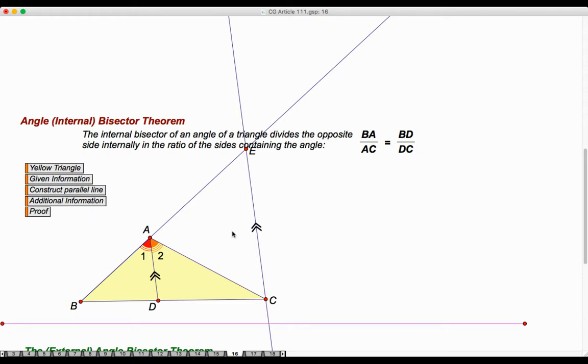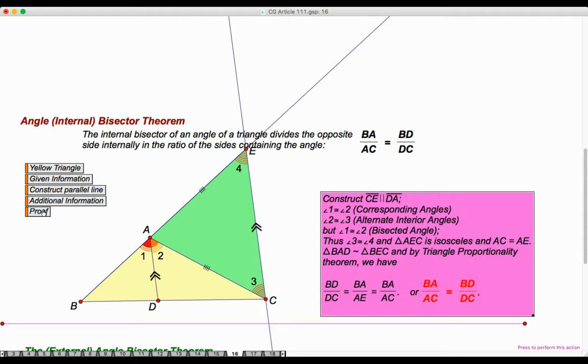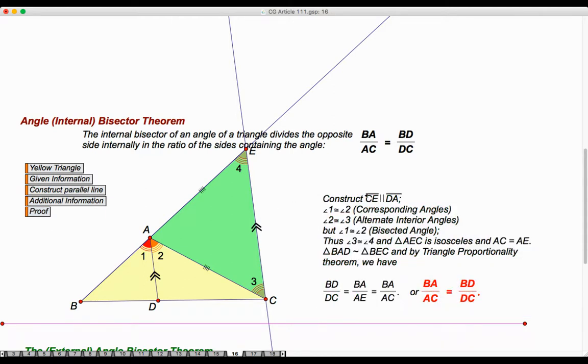And hence, if that happens, then this angle is congruent to this angle, and this angle is congruent to this. But 1 is congruent to 2, and therefore 3 is congruent to 4. So one more time, we construct CE parallel to DA, and then angle 1 is congruent to angle 4, because they are corresponding angles.